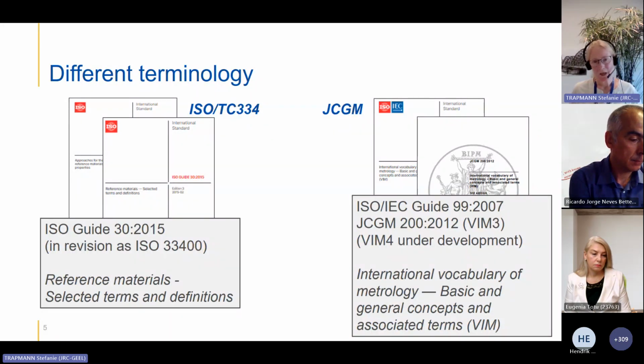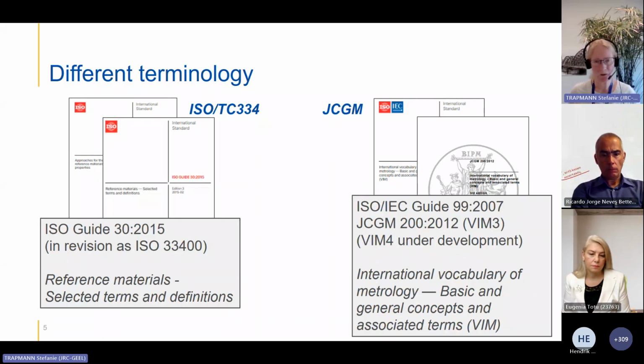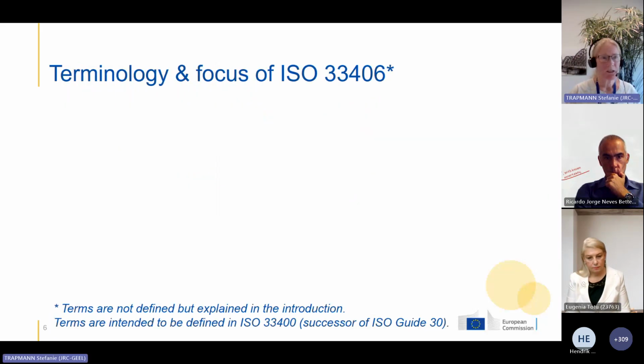And on the other hand, we have published by the JCGM Working Group 2, the VIM 3, which also at the moment is under revision, or the VIM 4 rather is under development. And you might have seen it because there were some ballotings taking place. And this VIM 4 has an additional chapter, the so-called Chapter 6, which is a chapter on nominal properties. And here you see already a little bit what the difference is. I will tell you more about that.